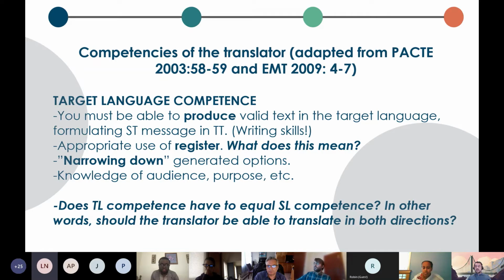Certainly in interpreting, you have to be able to speak both languages, and in terms of target language competence, that requires a different skill set.